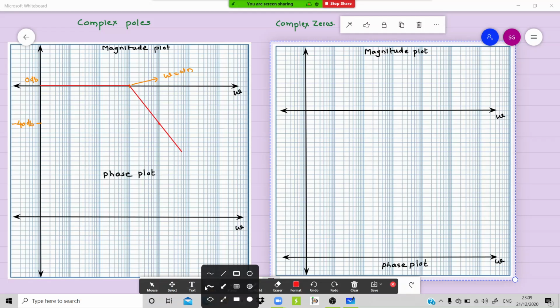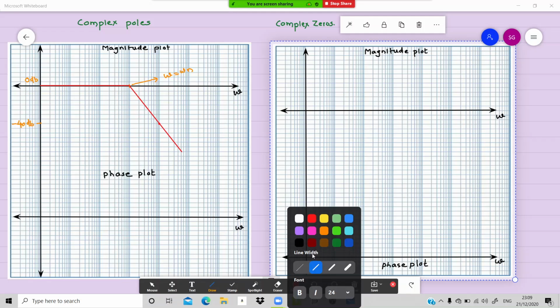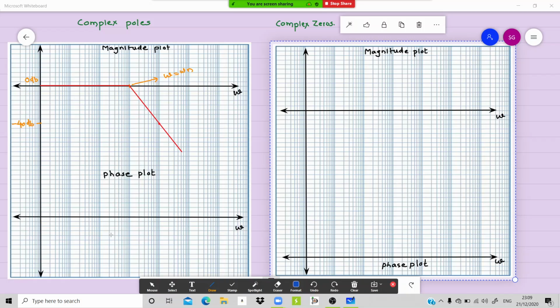Yes, but now something is happening at this point, so we want to mark that, right? At omega equal to omega n, when zeta is equal to 0.5, then definitely this will be the curve.